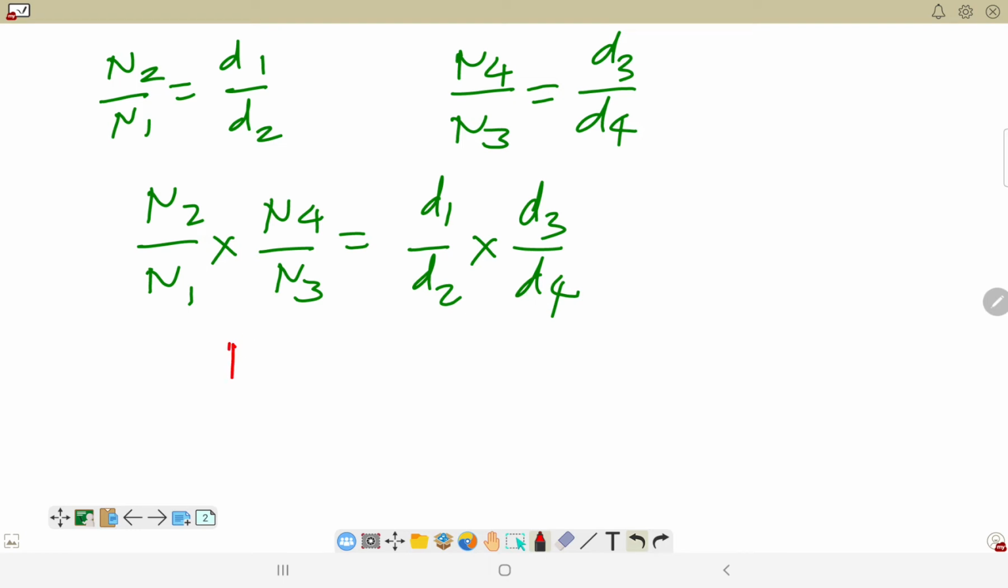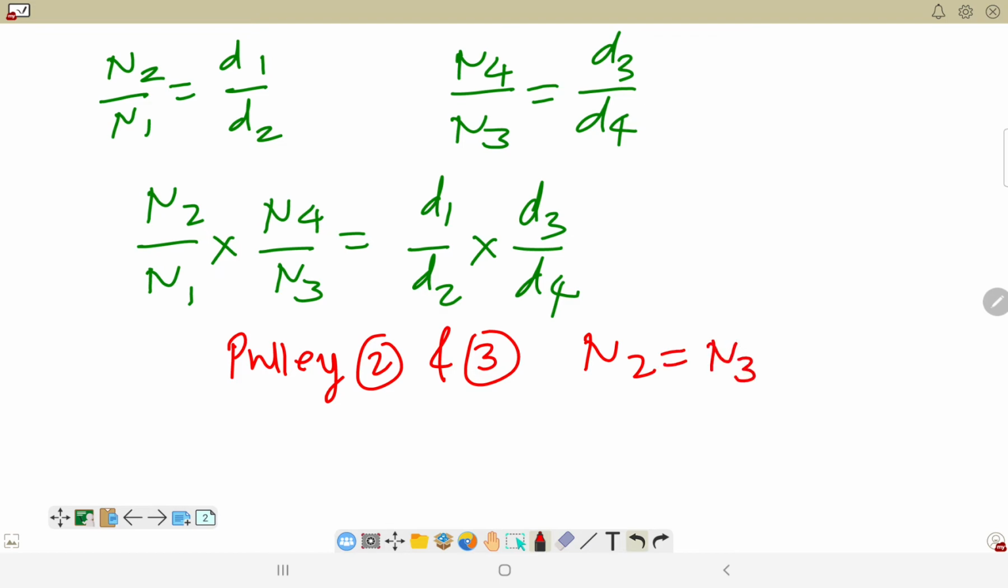So for pulley number 2 and pulley number 3, we can write N2 is equal to N3 because they are mounted on the same shaft. The RPM of pulley number 2 is equal to the RPM of pulley number 3.